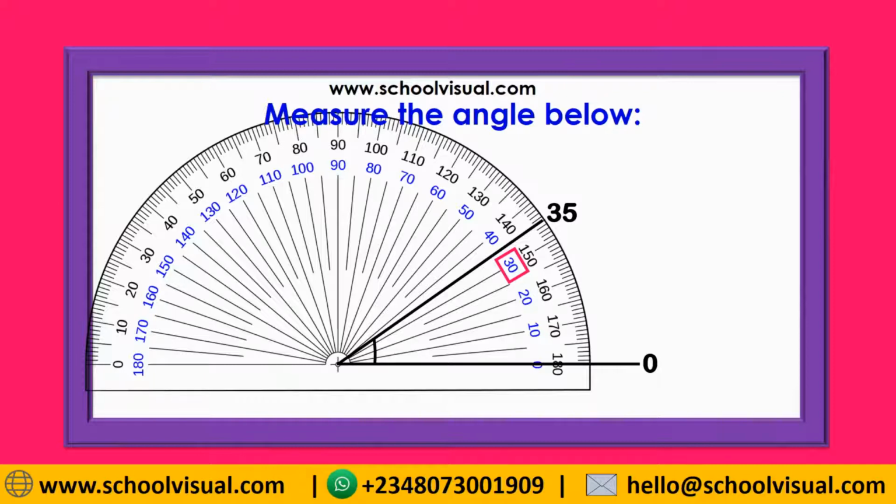Did you see that? Because after 30 is 35, then 40, 45, 50, and so on. So the angle here is 35. If you count the small strokes, after 30, you count 31, 32, 33, 34, 35. So you will see that it is correct.